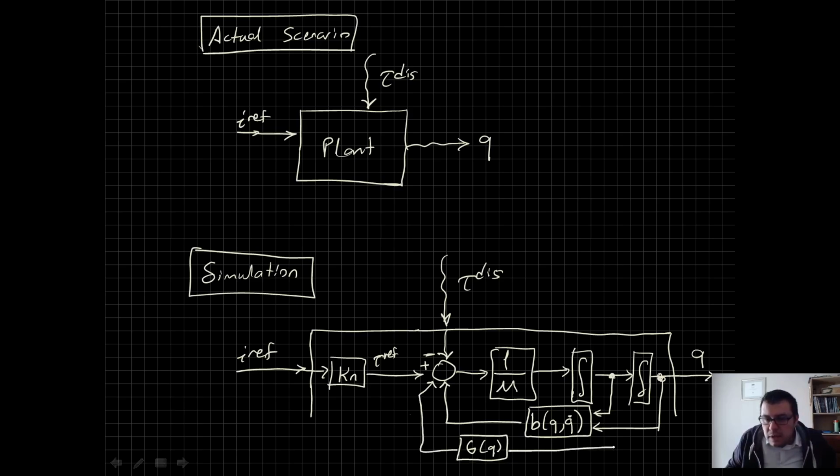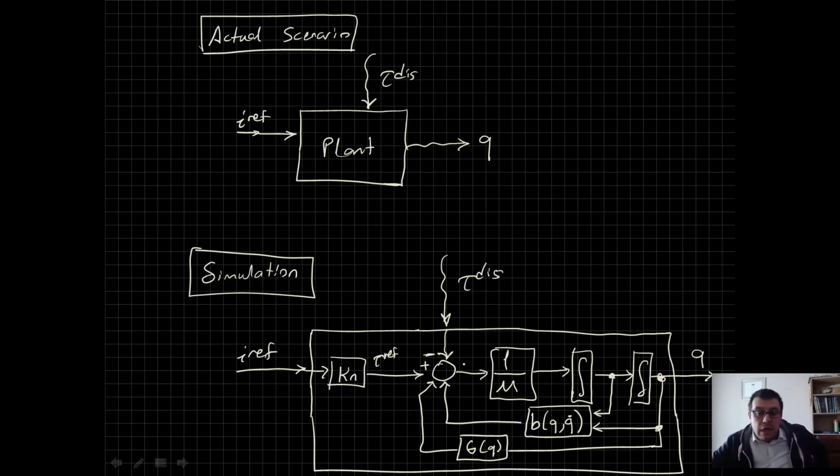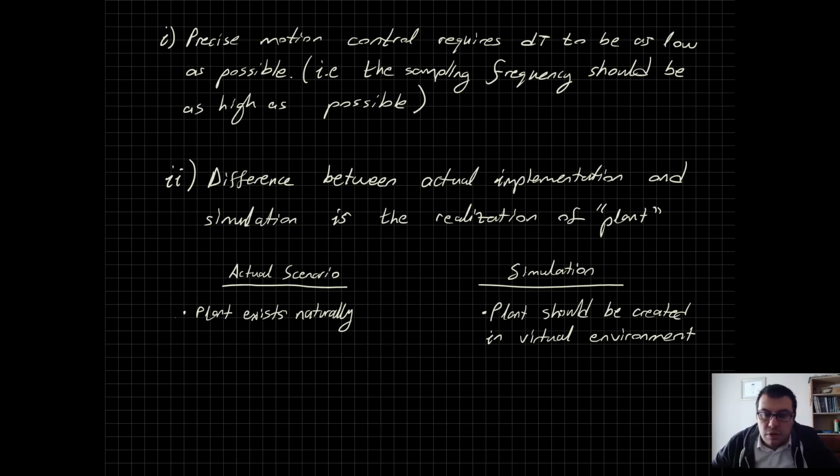So this is what you receive. So without loss of generality, we can assume that in simulation we have that structure. And you have to have a precise model of your system, which means that you should already have the B value, the G value, all of these values should be in your hand so that you can simulate your system. So the difference is that here in actual scenario plant naturally exists, and in simulation plant is also simulated. Plant is created in the virtual environment.